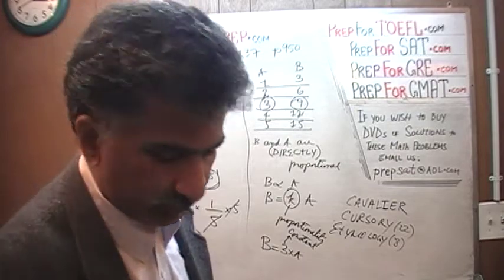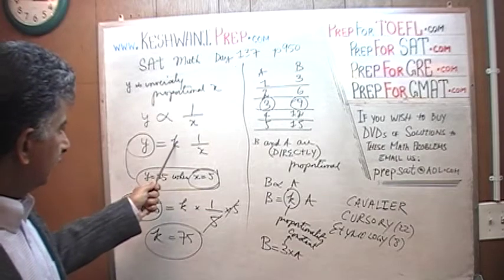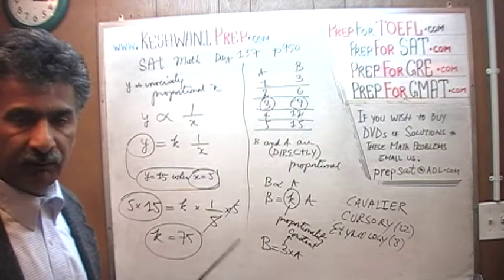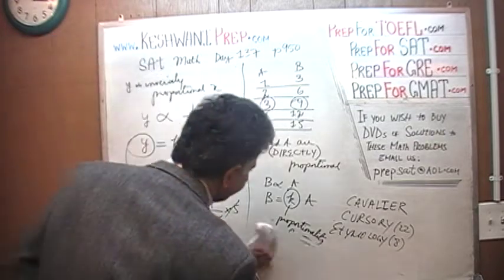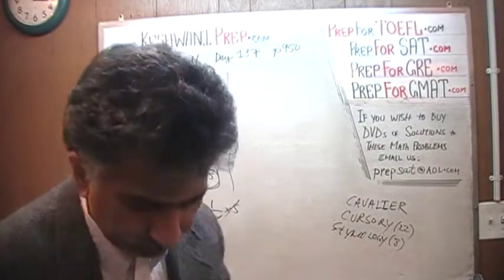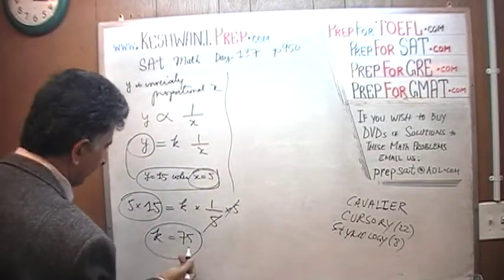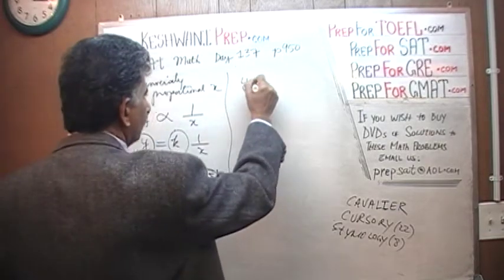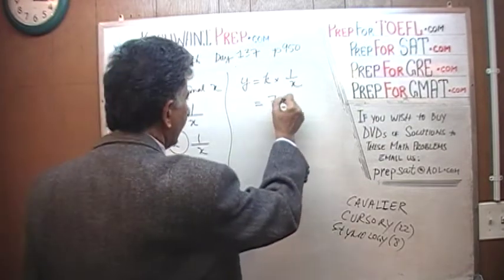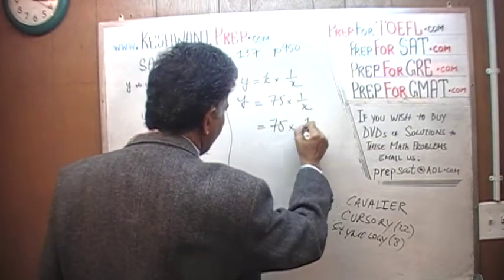The rest is downhill. All you have to do now, once we have the proportionality constant, is write our equation. So our equation is y equals 75 times 1 over x. All we have to do is plug in the value of one of those variables, x or y, and figure out the other one. Let's do it on this side. So now the question is, when x is equal to 25, what is the value of y? So y equals k times 1 over x, and we know k is 75, so 75 times 1 over x equals y, and we are told that x equals 25.